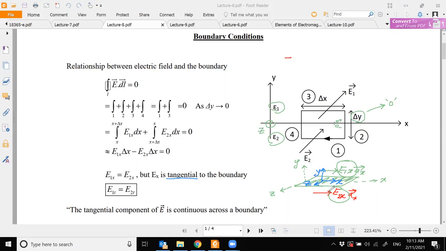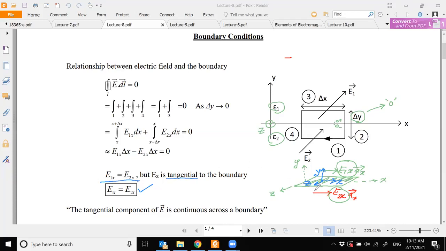Okay, so with this boundary condition we found that E1x is equal to E2x. Now I'm generalizing and saying that E1 tangential is equal to E2 tangential, because you can do the same thing considering this side and you will get the same answer. That is, the tangential components of my electric field will not experience any boundary.